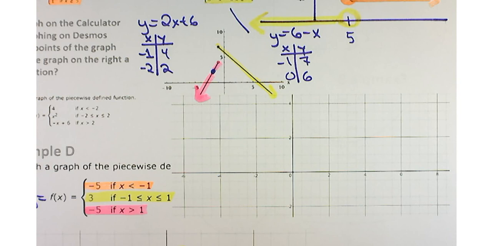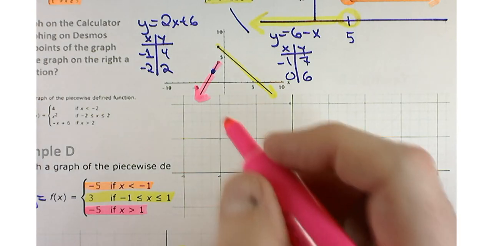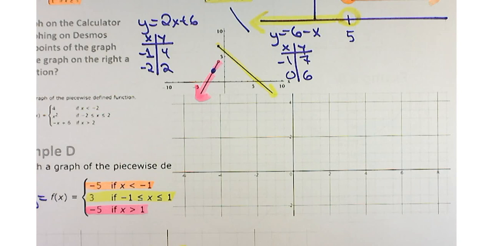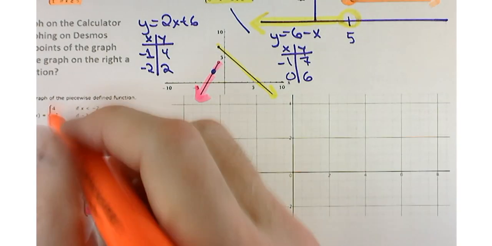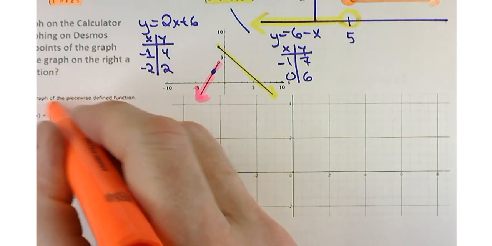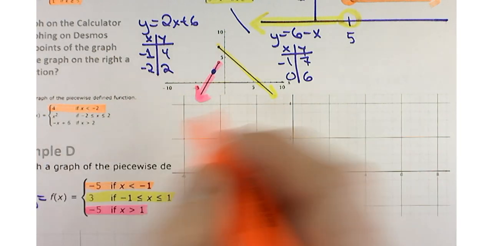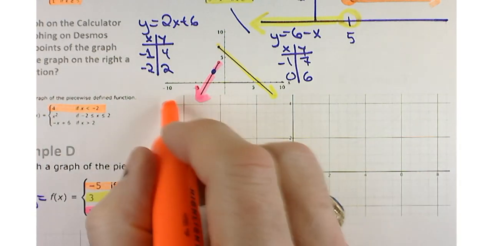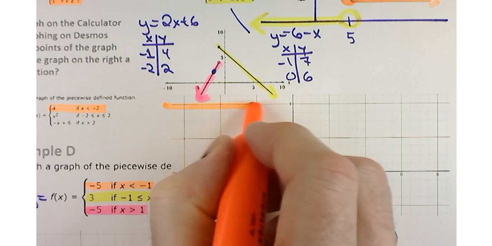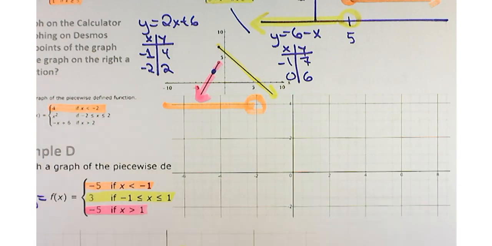Yeah, just a nice horizontal line, and then a hollow dot. So let's do that one in orange. That's a horizontal line to -2 and a hollow dot.